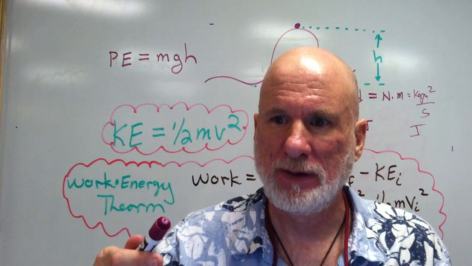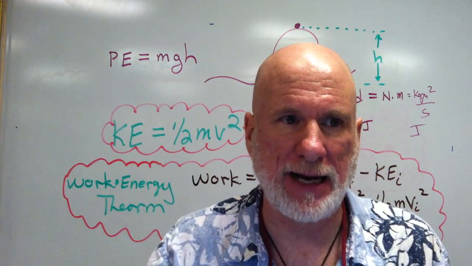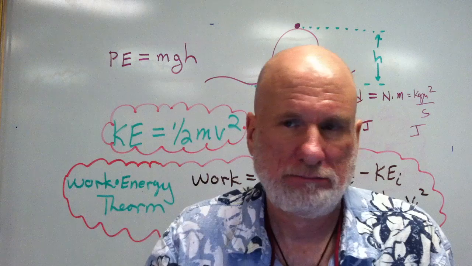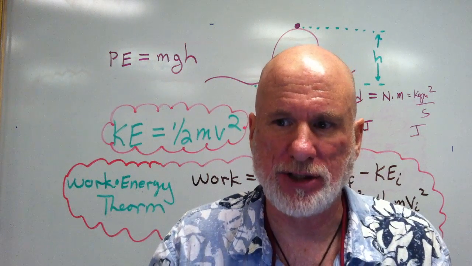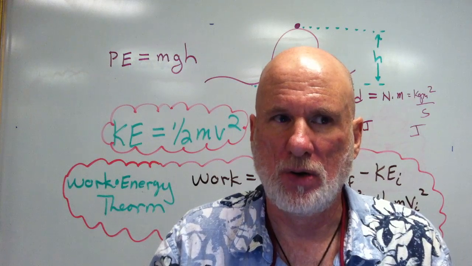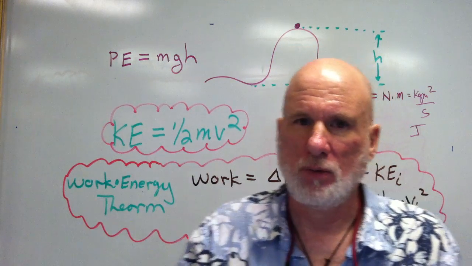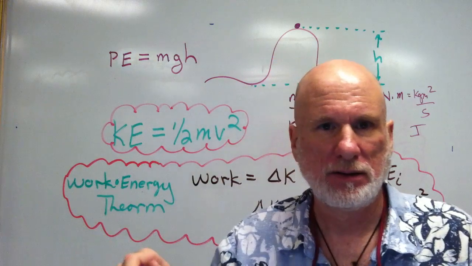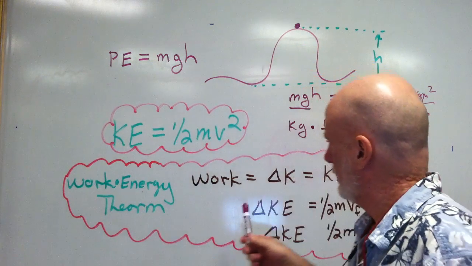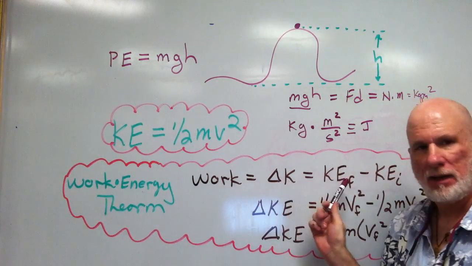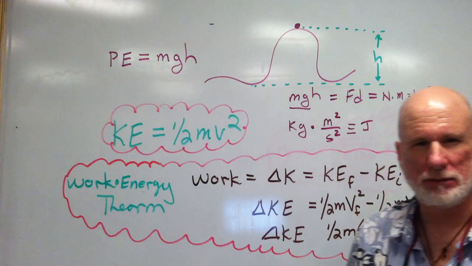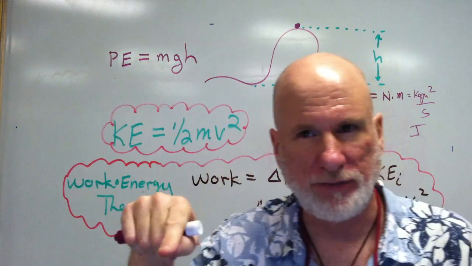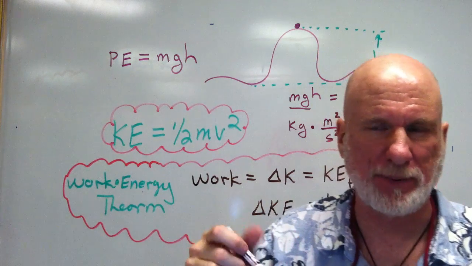In other words, the initial kinetic energy may not be 0, but the change in kinetic energy. So the work equals delta KE, and that's going to be the final kinetic energy minus the initial kinetic energy. Delta is final minus initial. It should be pretty simple.